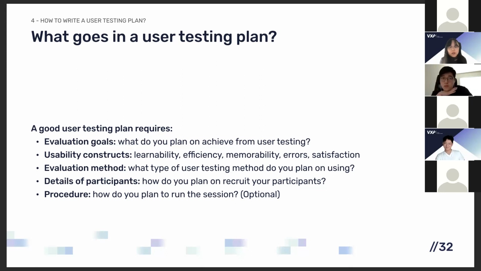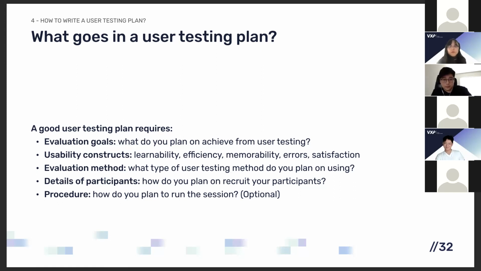Maybe you're looking at learnability; then during the learnability session, try not to focus too much on how many errors they make, because it helps you as a researcher eliminate as many distractions as possible and get the most feedback from the user.